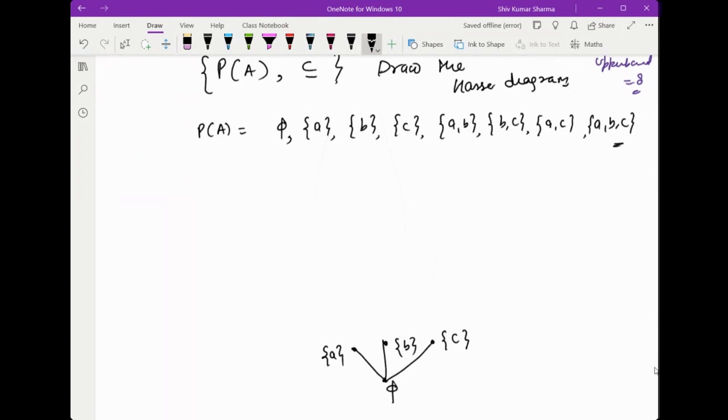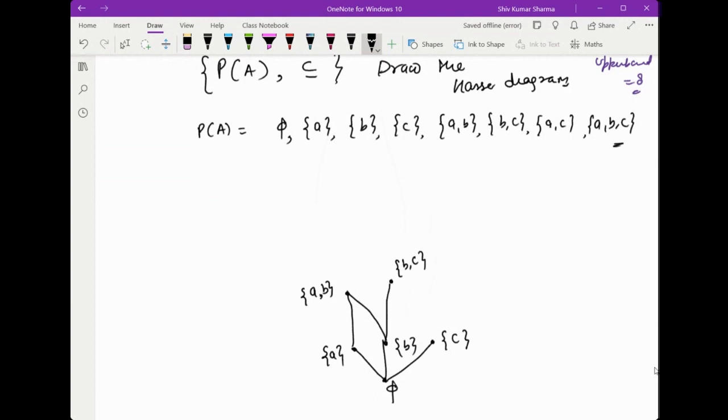Now the above elements are, first we take AB. So set A is a subset of AB, we join. B is a subset of AB, we join. Now we take as second element BC.